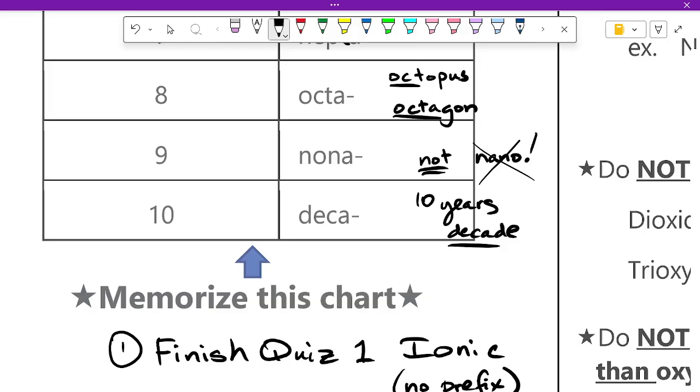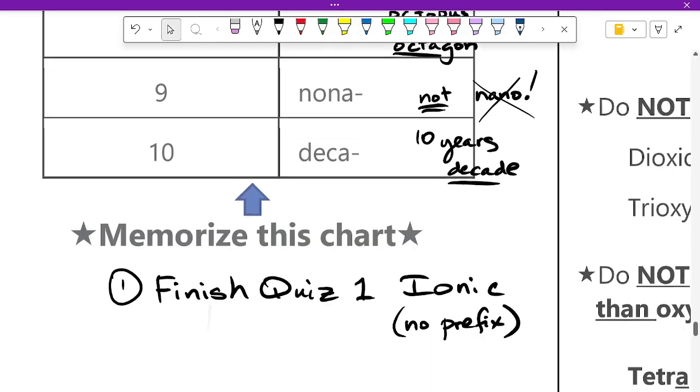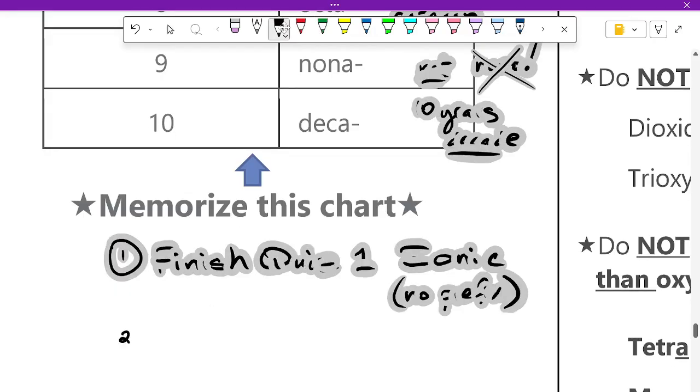And page number. You can do page 14 to prepare for quiz 2.